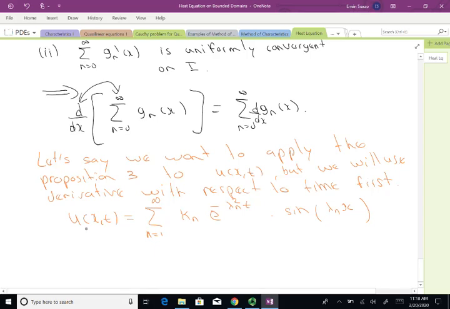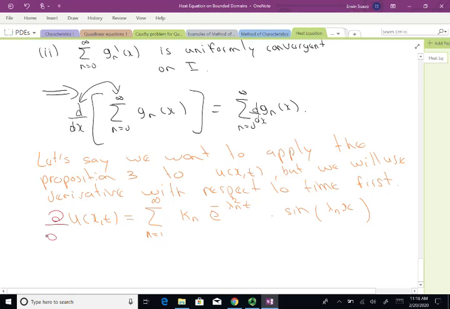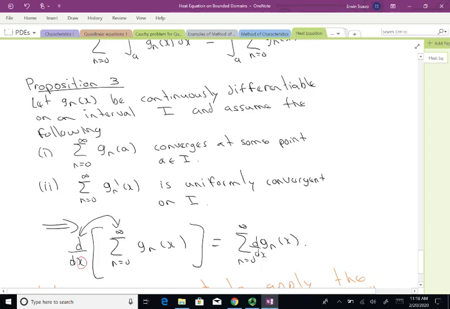So what I want to do is apply the derivative with respect to time. Instead of x, I'm saying time. So you can just apply the whole theorem where instead of x, your variable is t. That's no problem. You just make a mental note and change this to t.